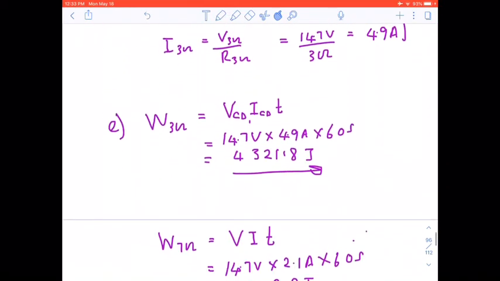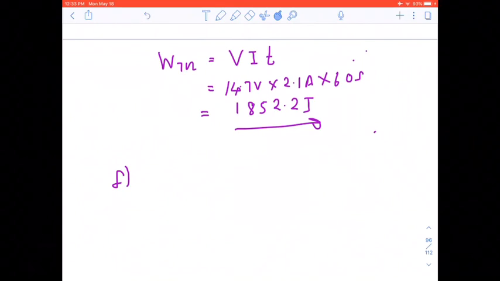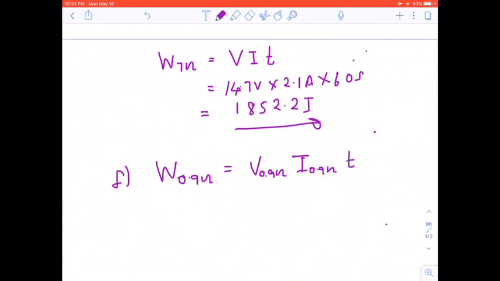Work done in the 0.9 ohm resistor is again V across the 0.9 ohm resistor times I in the 0.9 ohm resistor times T. But we know that the voltage across this is 6.3 volts, because the other one was 14.7.